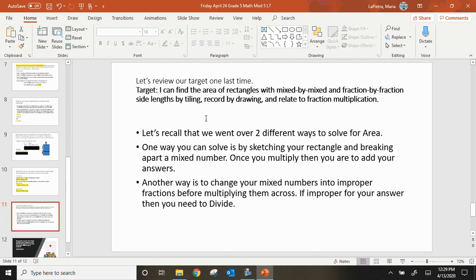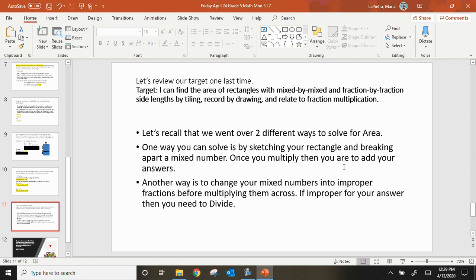Let's review what our target was one last time. I can find the area of rectangles with mixed by mixed and fraction by fraction side lengths by tiling, by drawing the sketch, and relating it to fraction multiplication. Let's recall that we went over 2 different ways to solve for area. One way you can solve is by sketching your rectangle and breaking apart a mixed number.